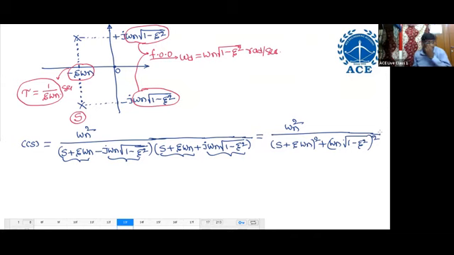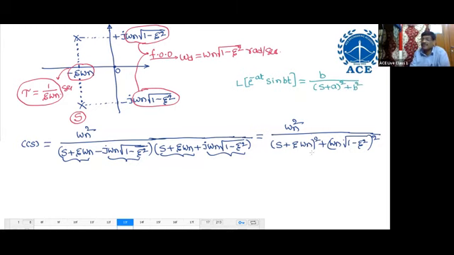Find the inverse Laplace transform of this. But in the numerator, this is like the Laplace of e power minus at sin bt, which I told already is b by (s plus a) whole square plus b square.